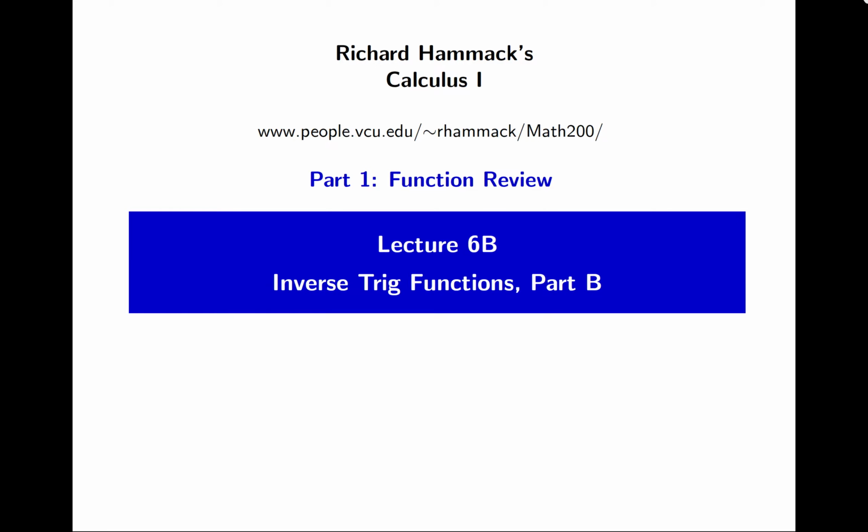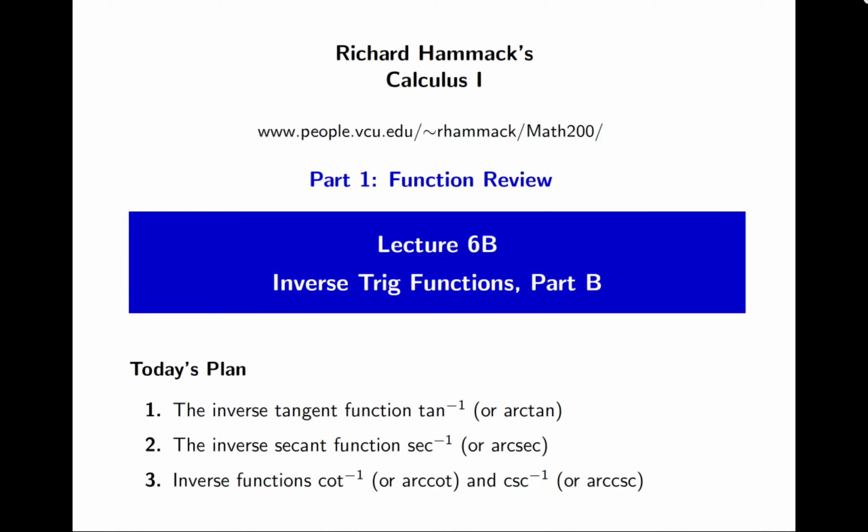Last time in Part A, we reviewed sine inverse and cosine inverse. Today we continue this investigation with the inverse tangent function, tan inverse, sometimes called arctangent, the inverse secant function, sometimes called arcsecant, and also the inverses of cotangent and cosecant.